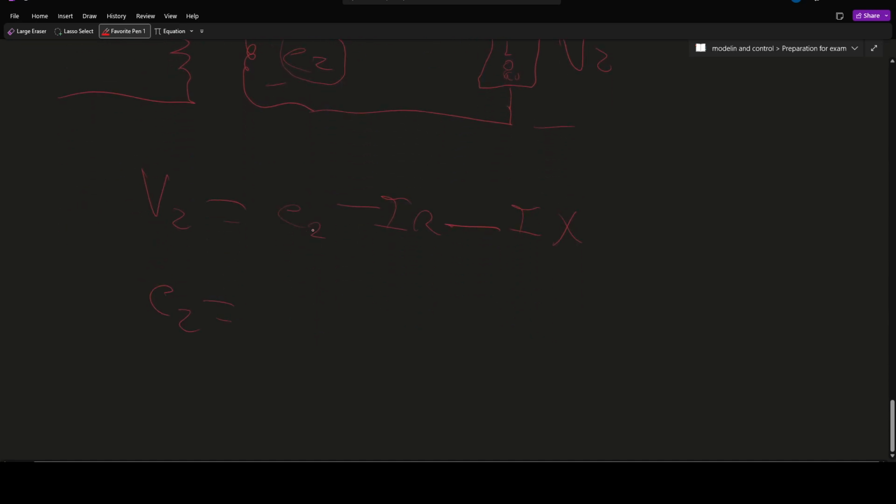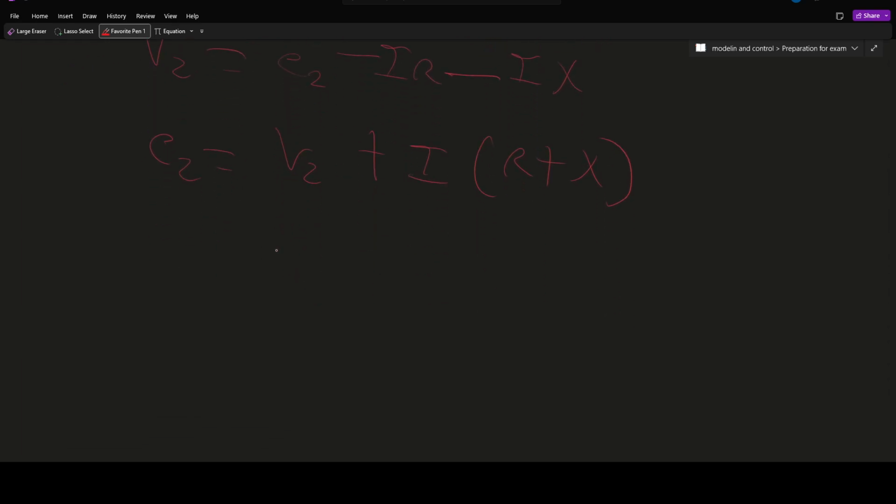Since we want the EMF, it is going to be the voltage plus the current that we just calculated times the sum of these two losses. These losses are given to us.